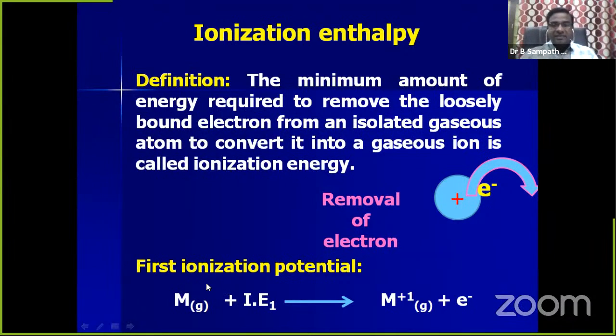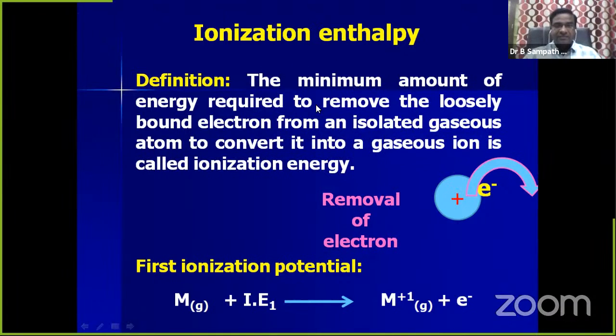See, children, this is the isolated gaseous atom. To remove this valency electron, which is loosely bound, we have to supply some amount of energy. That energy is nothing but ionization enthalpy or ionization energy.